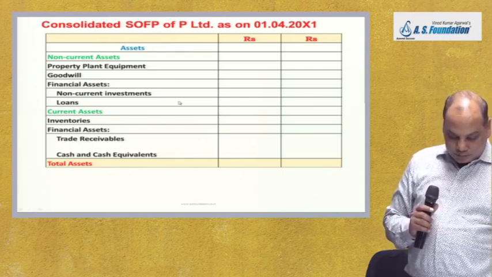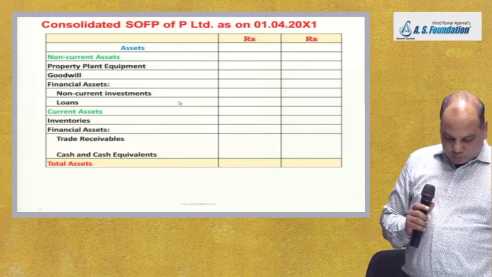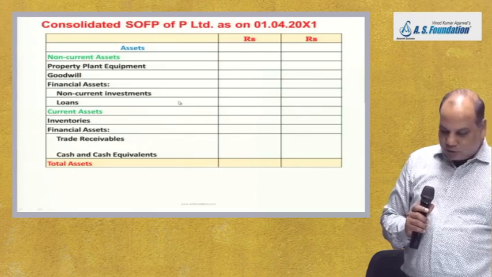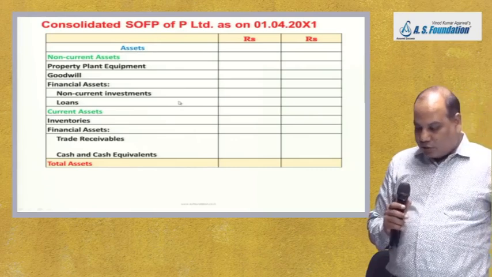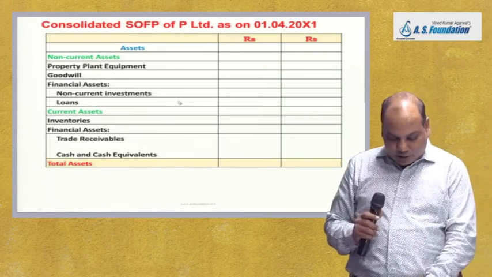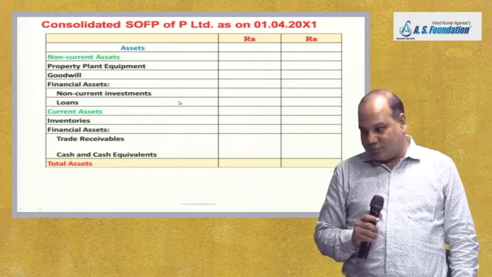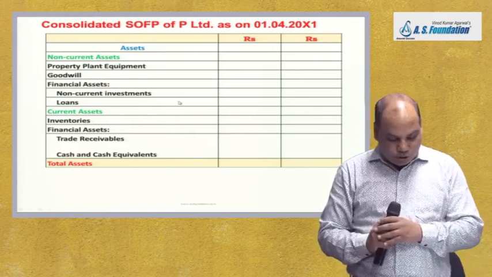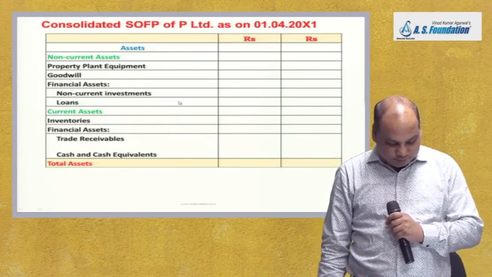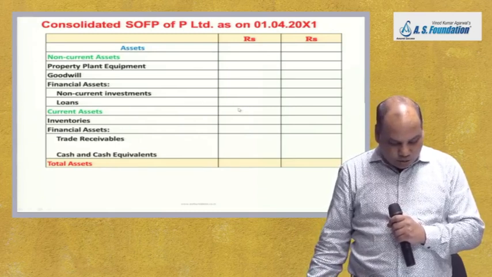Under that write non-current investment. Now this non-current investment is different from what you have acquired, because that is not appearing in this balance sheet. That was acquired on 1st April. Correct? So this may be some other investment, so that will continue to appear. This loan will get cancelled. So loan you can ignore.